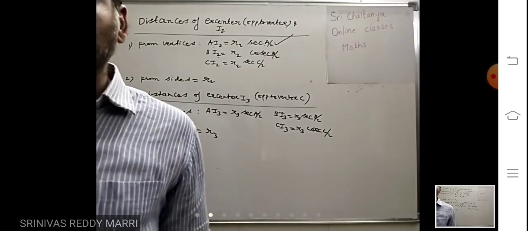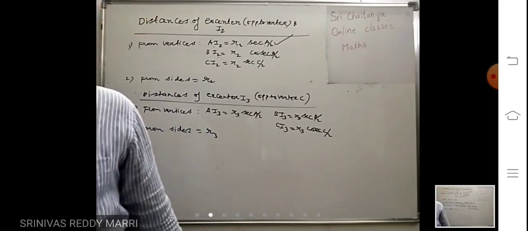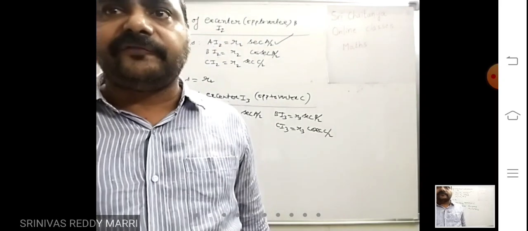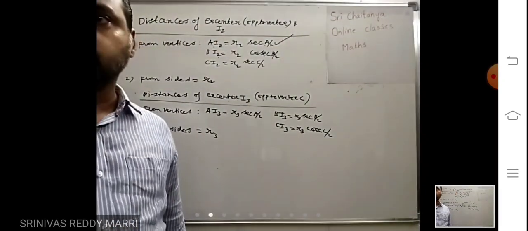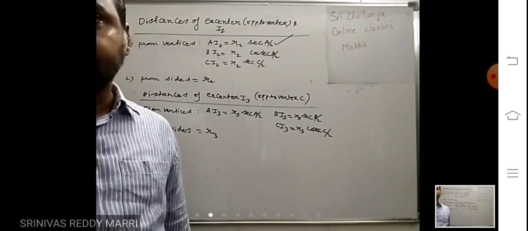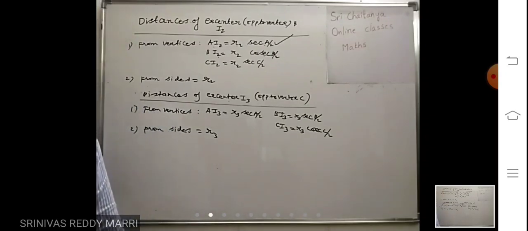The excenter opposite to vertex A is the point of concurrency of the internal angular bisector of angle A and the external bisectors of angle B and angle C. Opposite to vertex A, there will be a circle which touches all the sides.